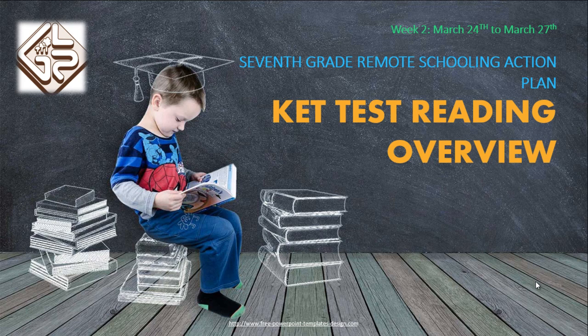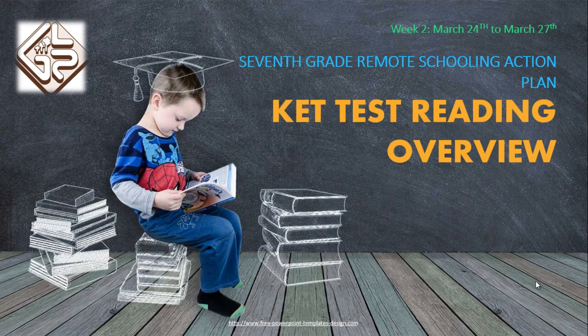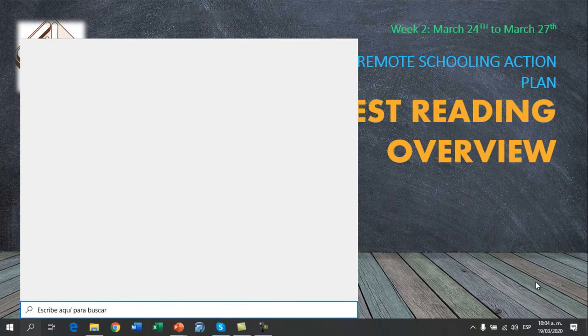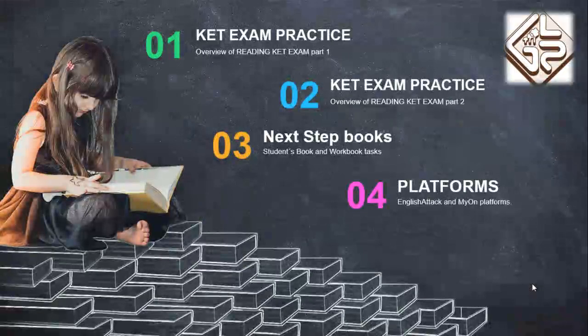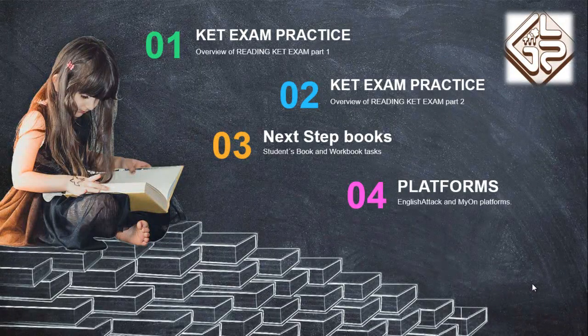So, this week we are going to be working on the CAT test reading part 1 and 2 overview. Okay, this is our agenda. At first, we have CAT exam practice, the overview of the reading CAT exam part 1.